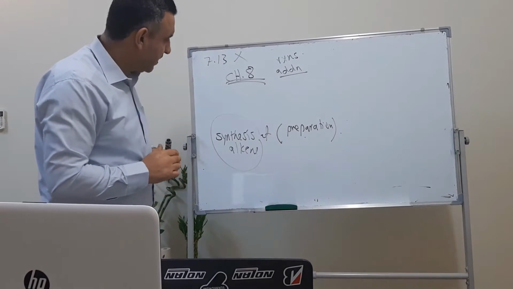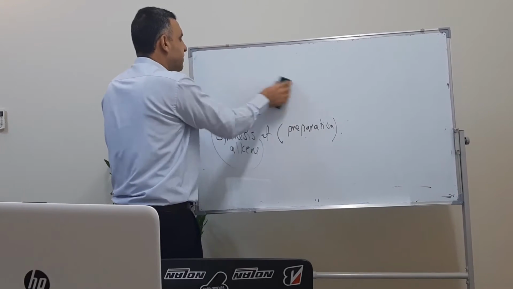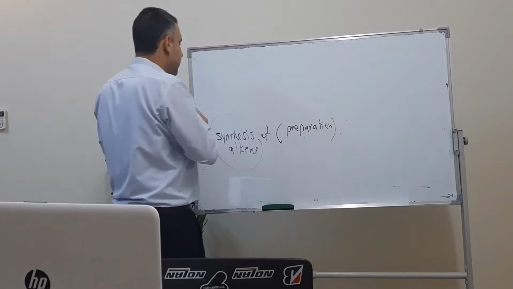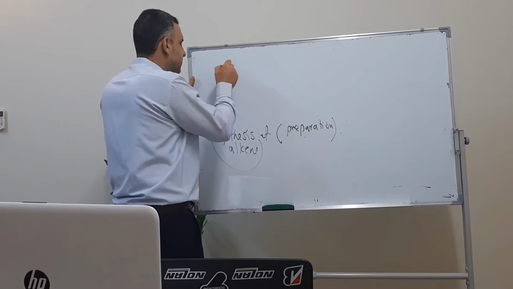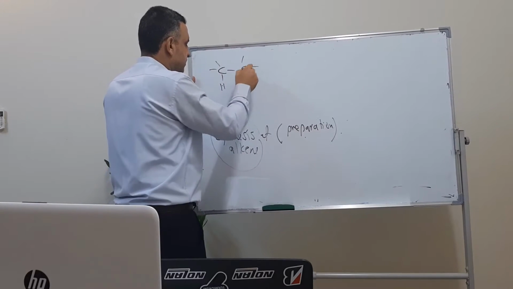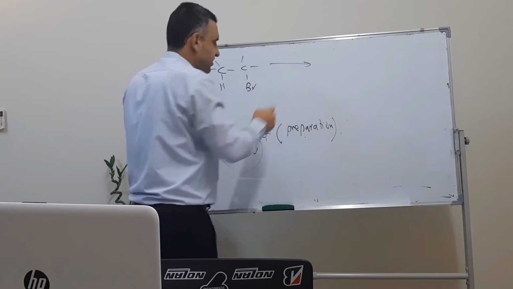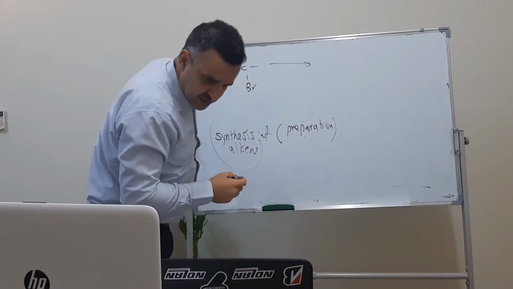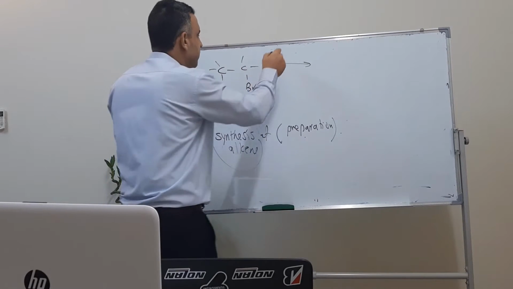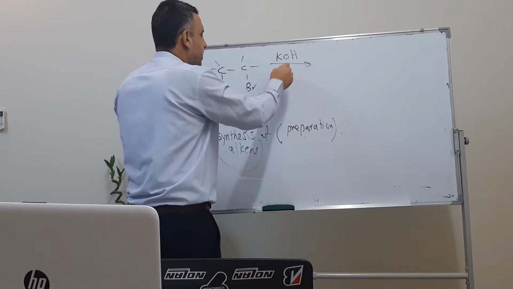All right. Now, in principle, alkenes can be prepared, or the methods of preparation of alkenes, from alkyl halides by elimination in presence of strong base with heat.